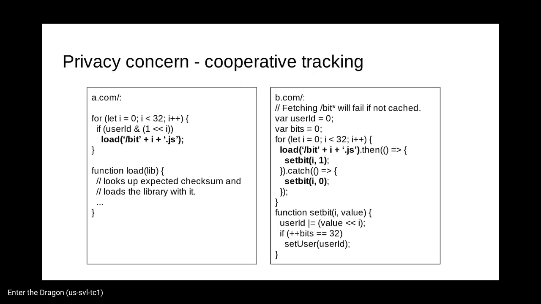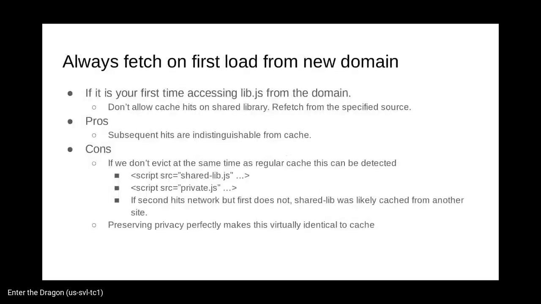Yeah, exactly. So this is why I think we have to be really careful about what is possible to infer from a cache hit. So one of the ideas, and this one is in the web shared libraries TPAC discussion, is that you just always fetch the first time you see a library from a new domain.